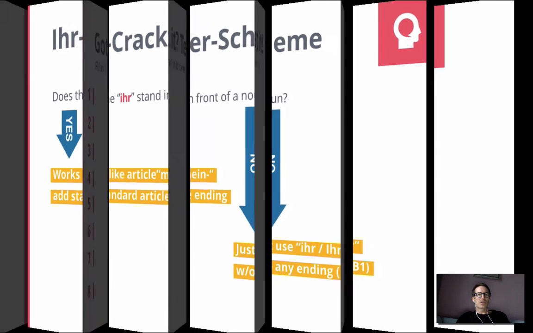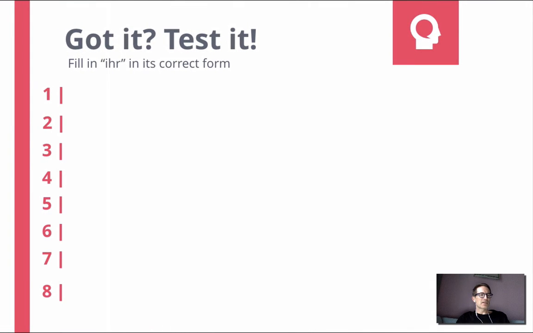And of course, let's test that. I'll give you a couple of sentences. You think out loud or you try to follow the steps. For example, here. So the first question, remember, is there a noun following the ihr? The ihr here always being the gap. And yes, there is Auto. Are you seeing her car?